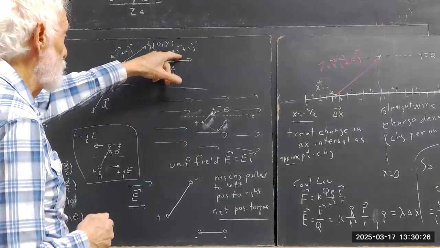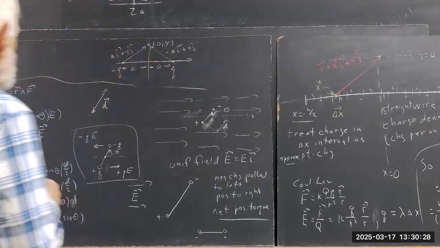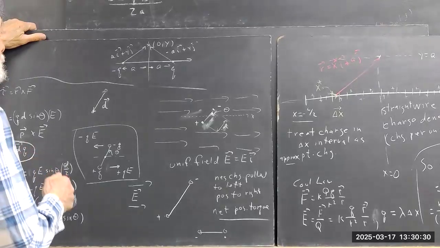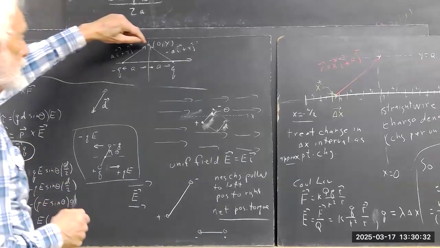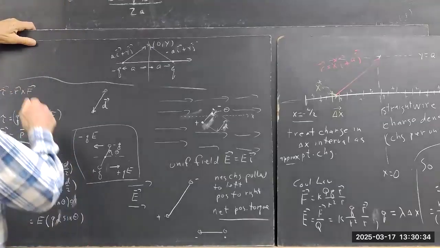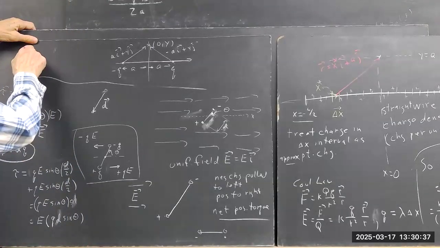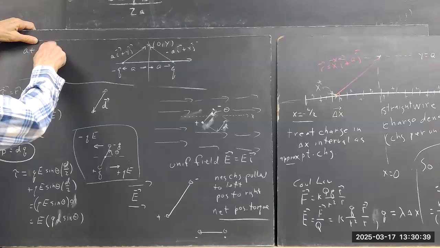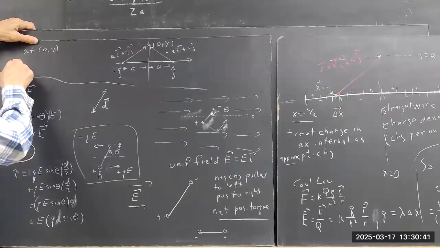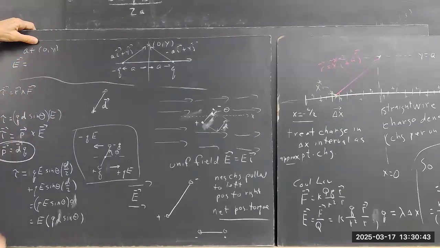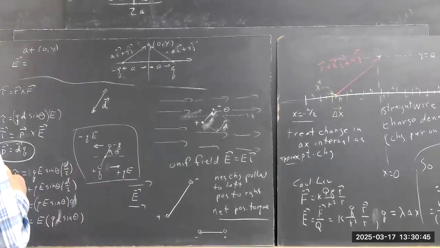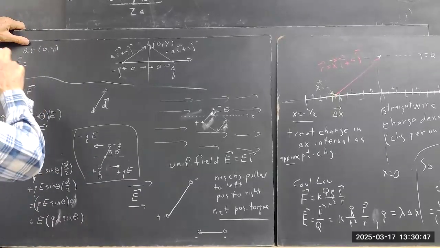Then based on these charges and these expressions, I'm going to have field out in this direction. I'm not trying to shortcut anything.